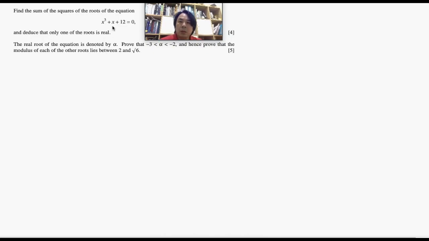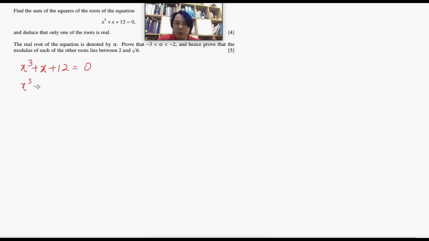Now first of all, we are given this cubic equation. Using the properties of roots, we rewrite it in this format.